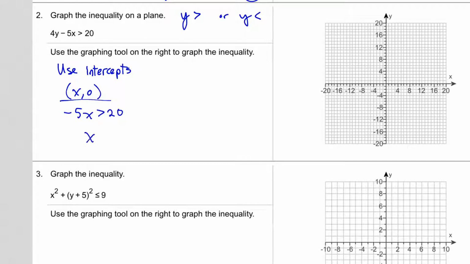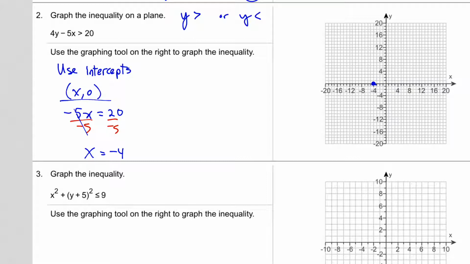And then x is going to be, well, just remember when you divide by a negative, I'm sorry, we're not supposed to be doing that here. We're just finding intercepts, my bad. So this is negative 4. We're going to plot that over here.